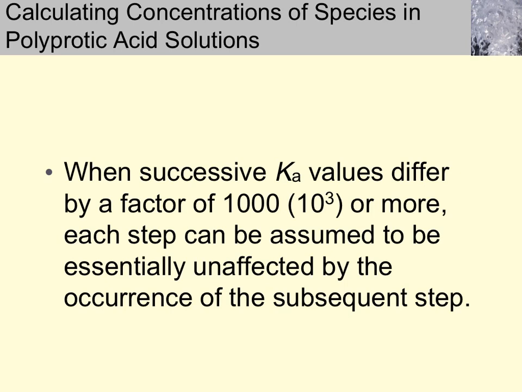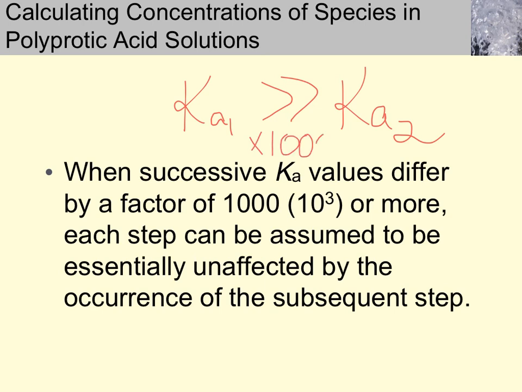It turns out that dealing with most polyprotic acids is a lot simpler than you would think because there's a rule of thumb that says if Ka1, the first ionization or equilibrium, is quite a bit larger than the second loss of the hydrogen atom, if they're different by a factor of 1,000 or more, then you can actually ignore loss of the second proton.